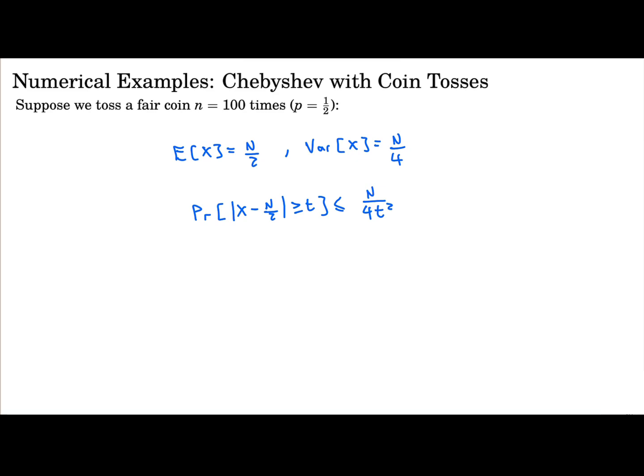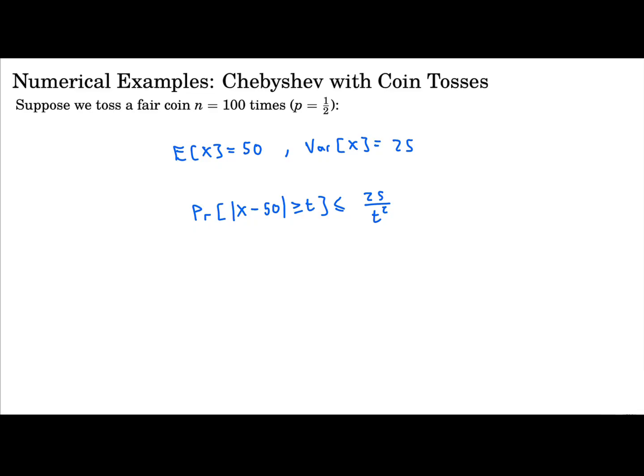So I just need to erase here and put 100 there. 100 divided by 2 will just be 50, and 100 divided by 4 will be 25. So this will be 50 here, and this will be 25 over t squared.